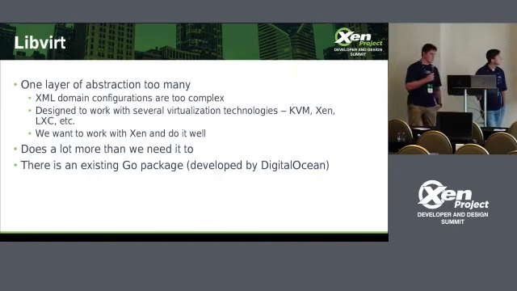There's a Go package that's developed by DigitalOcean, has seen some use in production on their server side. And there's also actually one by libvirt themselves. But again, that's for use on the server side, which we have different needs on the client side. So what it really came down to is that there was an extra layer of abstraction that we felt was very unnecessary for us wanting to work with Zen.